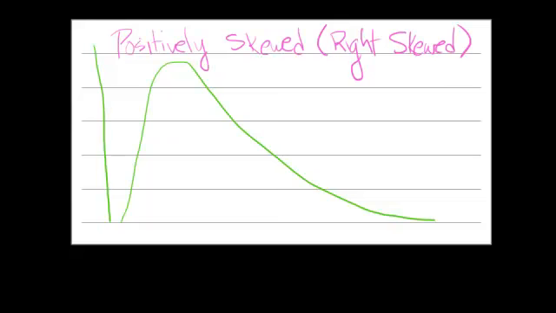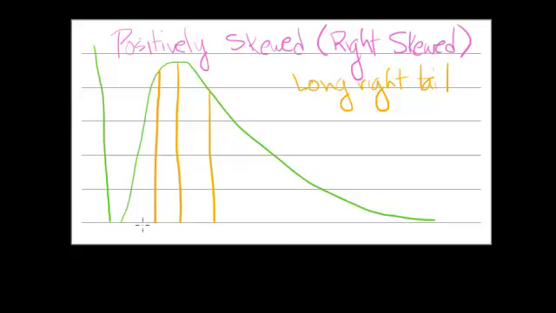And it has, let's see, get a different color, a long right tail. And in this case, the mode is over here to the left of the mean and the median. So here's the mode, and then we'd have the median and the mean in either order. The order of these two can change, but the mode would be on the left.